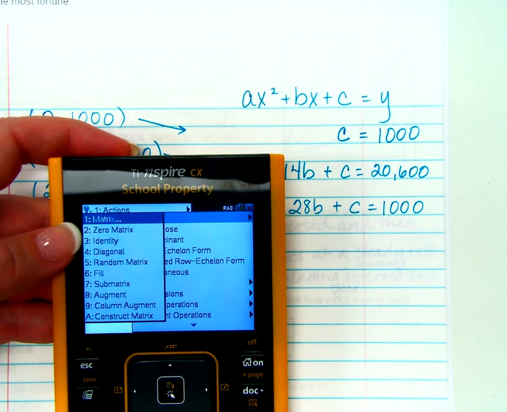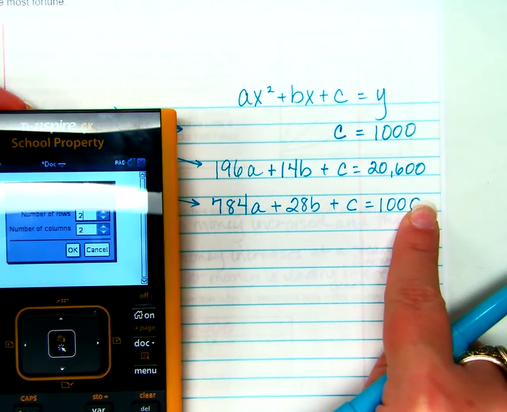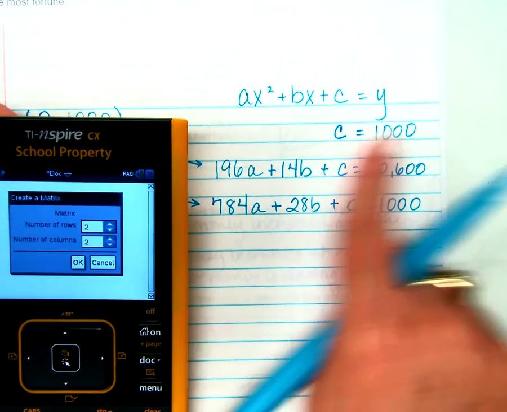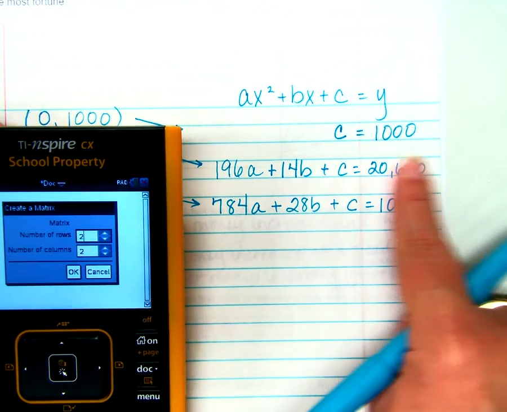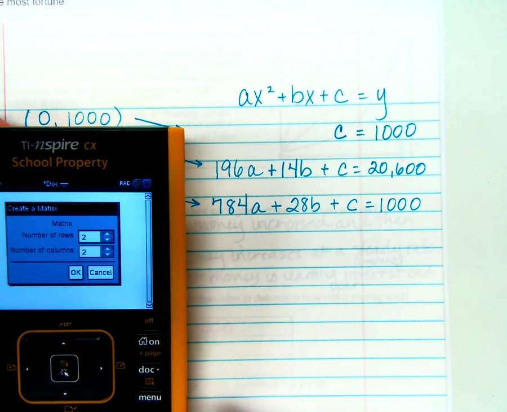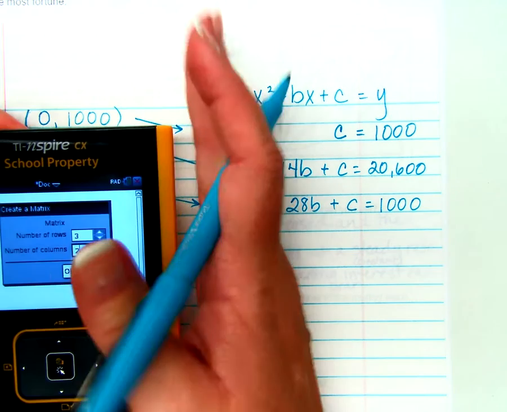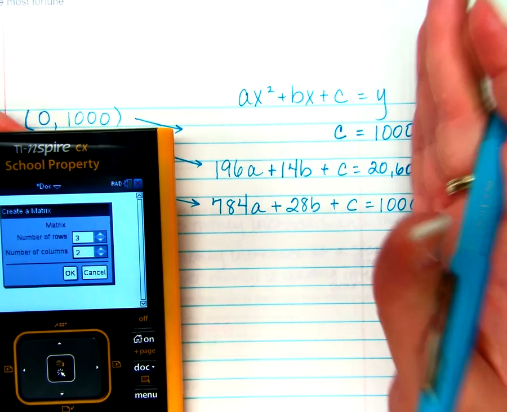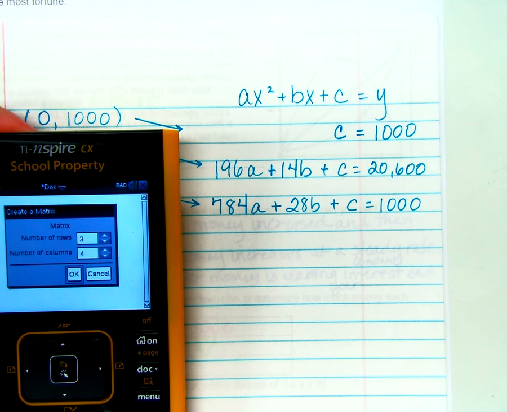How many rows does this have? Watch my finger. 1, 2, 3. 3. Tab. How many columns does this have? 4 columns. Remember to use tab in between, otherwise if you try to use arrows, it'll take the number up and down.